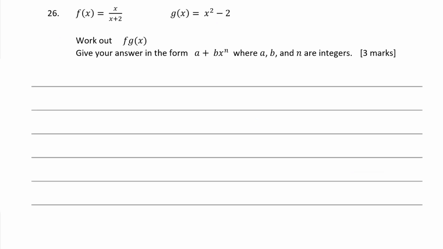Question 26, f of x equals x over x plus 2 and g of x equals x squared minus 2. Work out f of g of x. Give your answer in the form a plus b x to the power n, where a, b, and n are integers. Basically I've got to take function g and sub it into function f. You kind of work from the inside out for these.